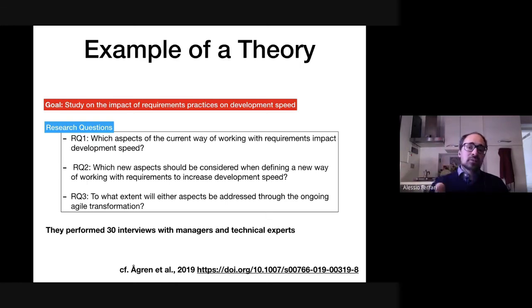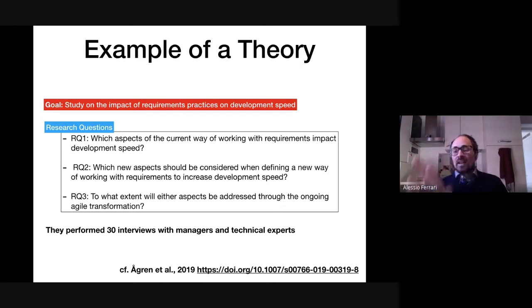These people went to two automotive companies, and their research focused on three research questions. Which aspects impact development speed? Which new aspects should be considered when defining a new way of working with requirements to increase development speed, because they understood that they were slow in delivering software and wanted to pass to a process that was more agile and quicker? And to what extent will other aspects be addressed in the ongoing agile transformation?